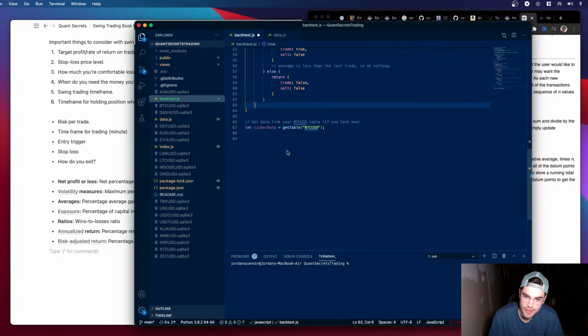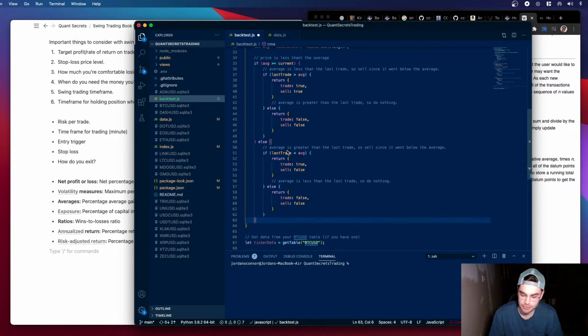But now I have to build out some infrastructure to go through the data, but then I also need some variables and tweaking for how much of my position I want to trade. Technically I could do the whole position, buy, sell, buy, sell, buy, sell, but I don't know if I actually want to do that or not. I mean, I could just do that to start because that would be the easiest thing.